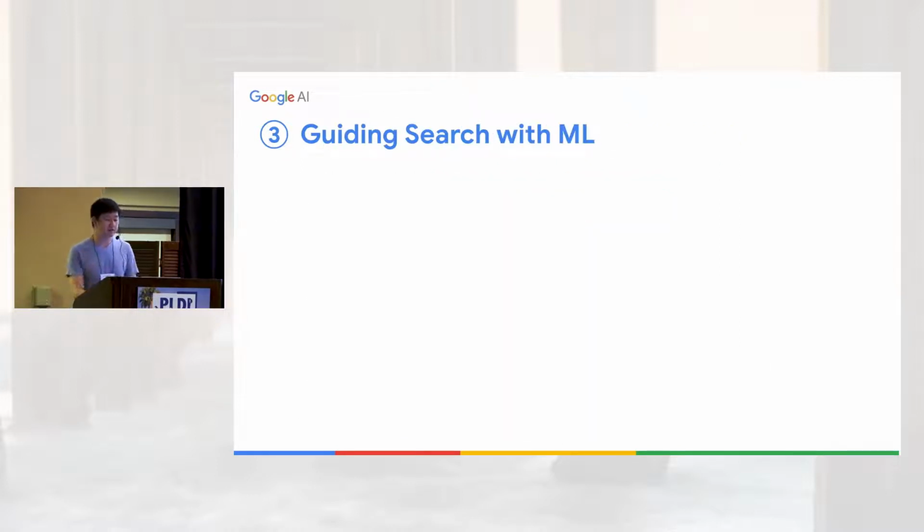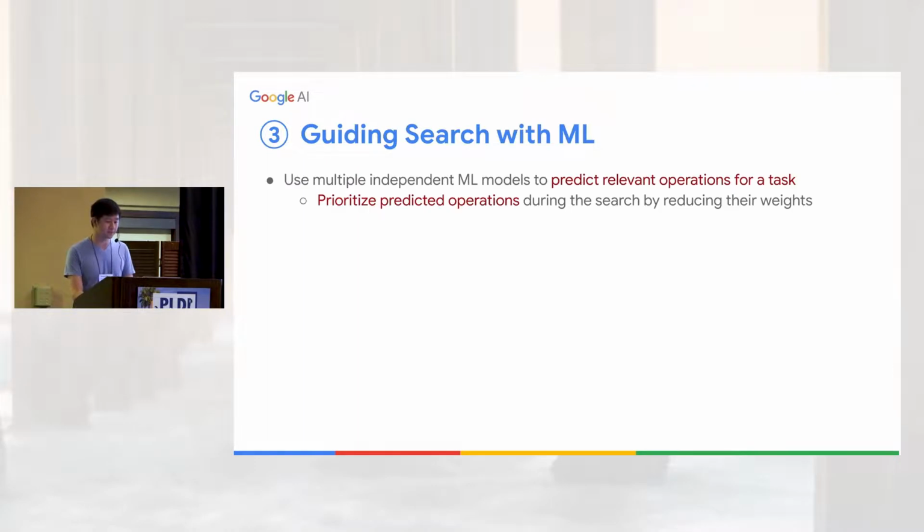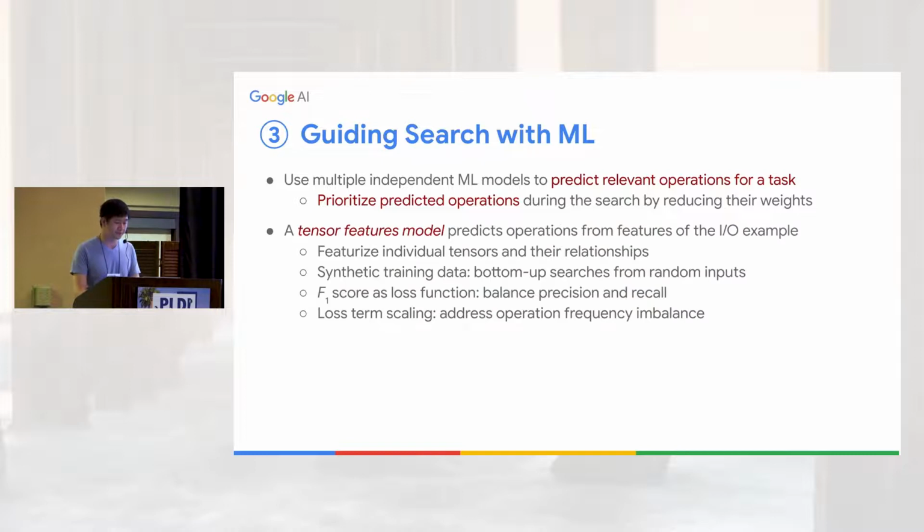Our third improvement is guiding the search with machine learning. We use multiple independent machine learning models to predict relevant operations for a task, and then we prioritize the predicted operations by reducing their weights. TF-Coder uses two machine learning models. One is a tensor features model that predicts operations from the features of the input-output example.